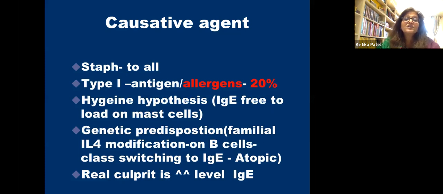So we don't see a lot of allergies here because we let our children play in the mud. We don't constantly wipe their faces and hands. Most of us living in sub-Saharan Africa already have been infected with worms, and we get all sorts of infections.